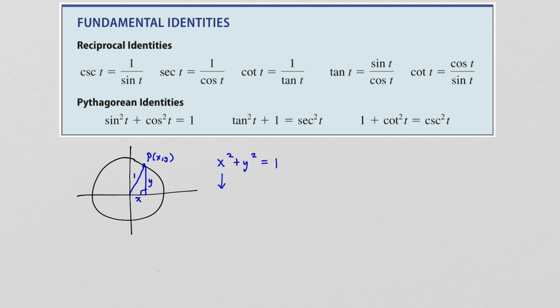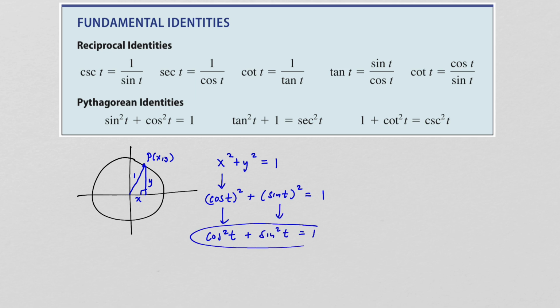But we also know that x is the cosine of t, so x squared is cosine of t, quantity squared. And y is the sine of t, so y squared is the sine of t, quantity squared. And then, of course, we can abbreviate this with cosine squared t plus sine squared t is equal to 1.